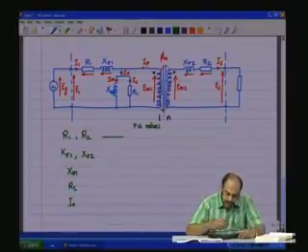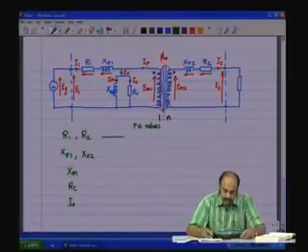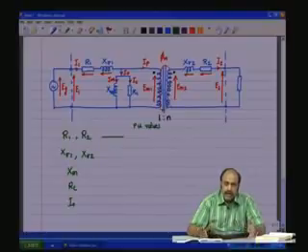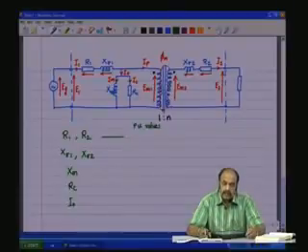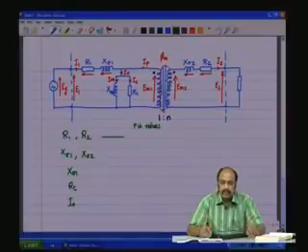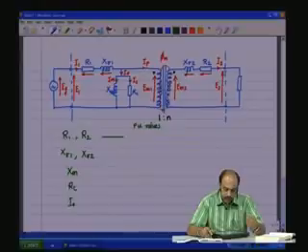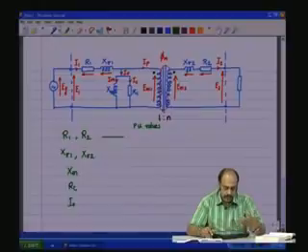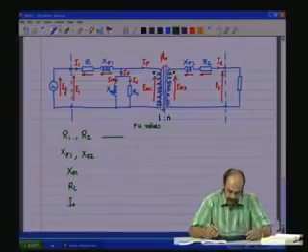Now, these per unit values are also dependent upon the VA rating of the transformer, but for a very wide range right from 1 kVA to 100 mega VA, the per unit value change is not very much. The change in per unit values is a very small fraction. However, we can have typical values of these per unit values which will give us an idea of the order of the reactances and the resistances of typical transformers of that particular rating.